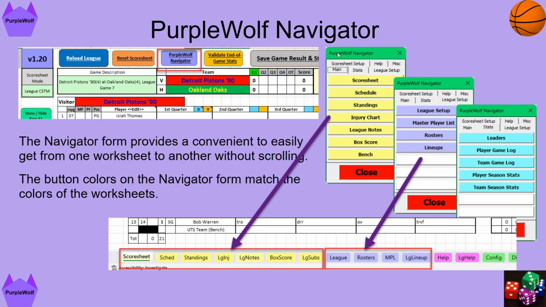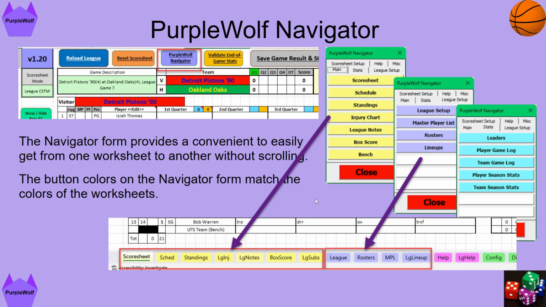When you do, this little window pops up, and it has 6 tabs up here, just like a file folder. Each one has its own color-coded group of buttons below, and these buttons correspond to the tabs. When you click the main tab, you'll get this set of yellow buttons, and the score sheet, schedule, and standings buttons correspond to these yellow tabs down here.